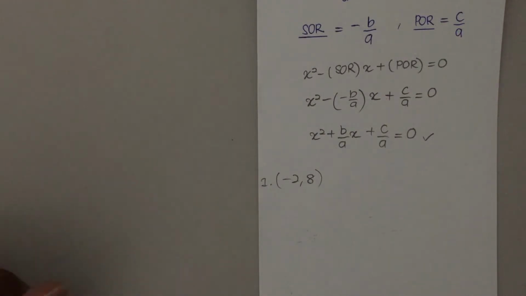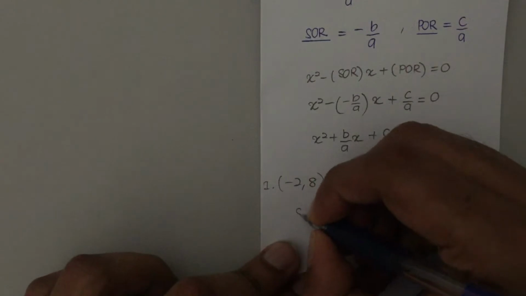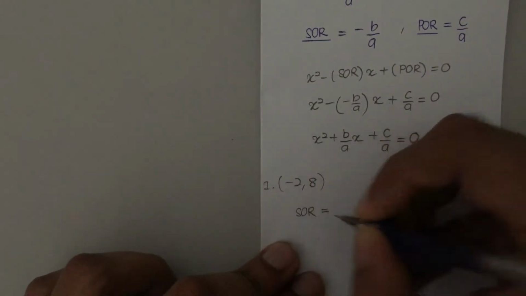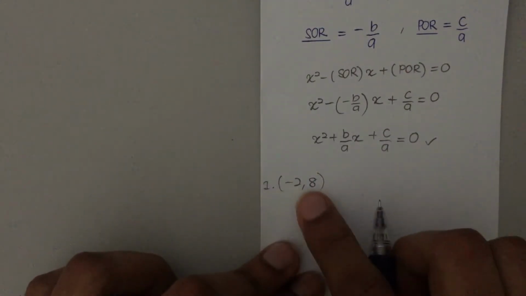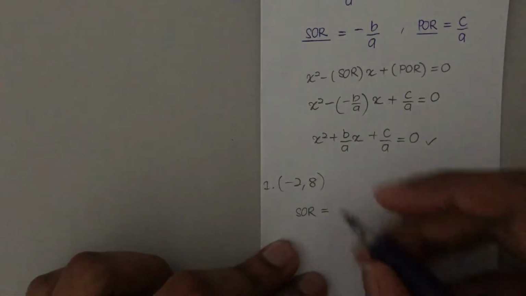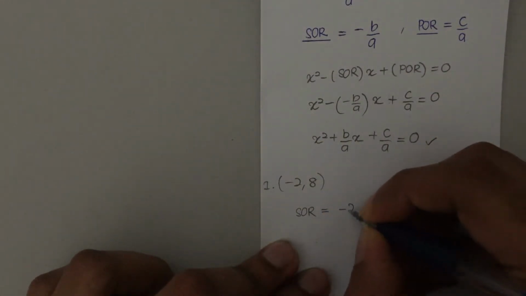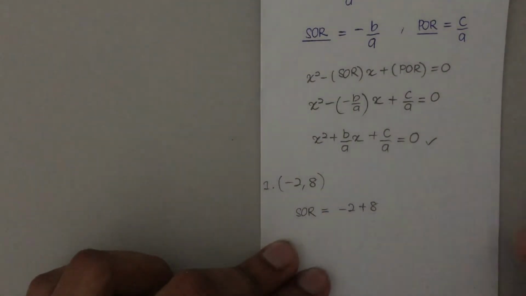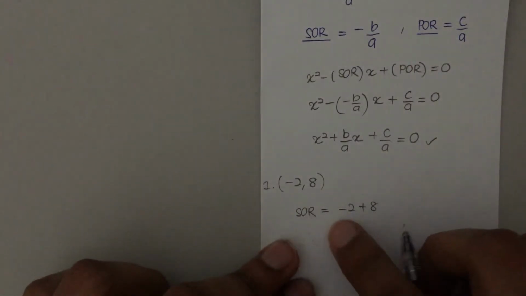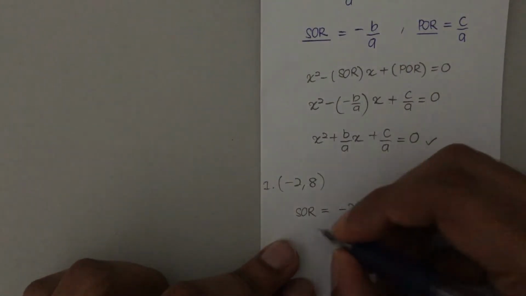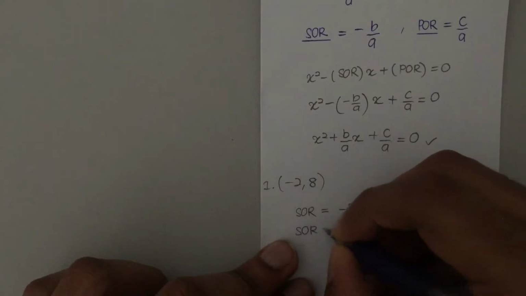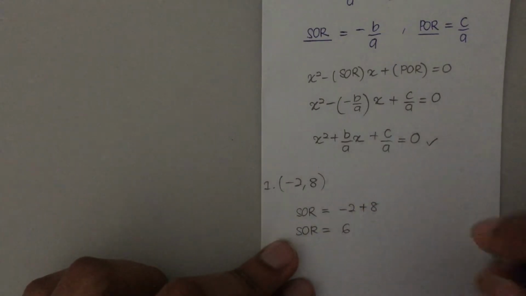The first step is to identify your sum of roots and product of roots. SOR, sum of roots. The roots are already given, so SOR is very simple. Negative 2 plus 8, you should get SOR equal to 6.